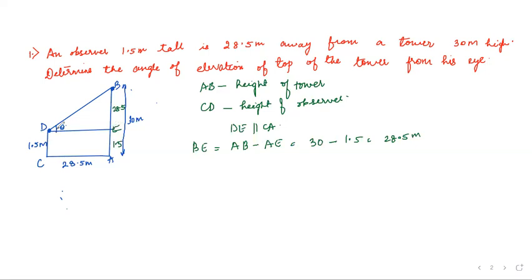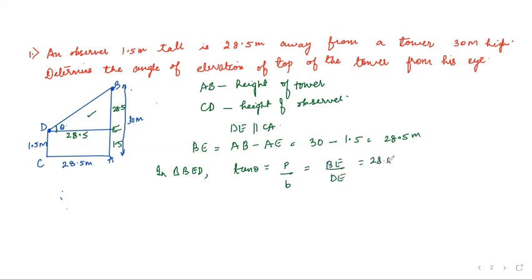What do we need to find? We need to find this angle. Also, CA is parallel to DE. ACDE is a rectangle. So if CA is 28.5, this will also be 28.5. Now, since we need to find this angle, we will use triangle BED. We can apply tan theta. Tan theta is P by B, which is BE by DE.